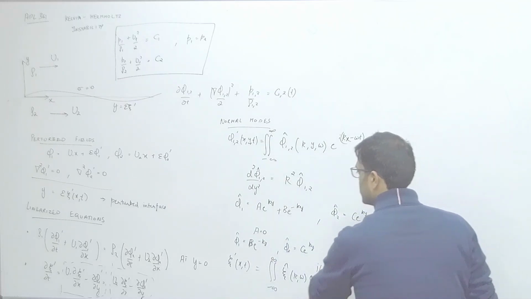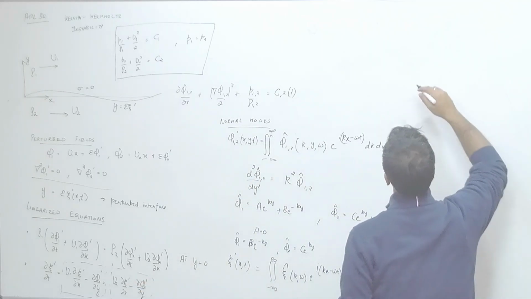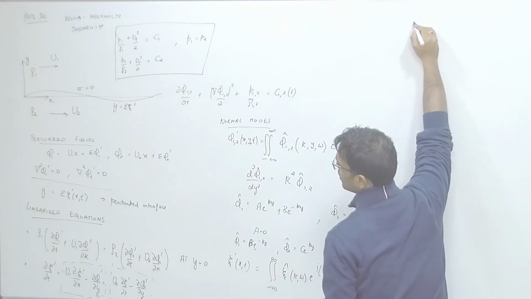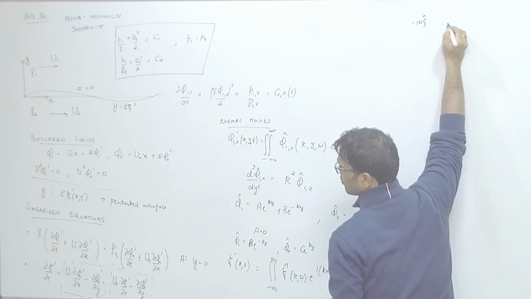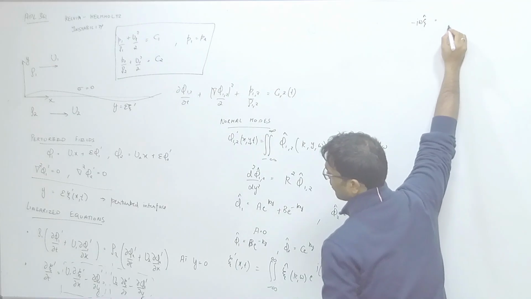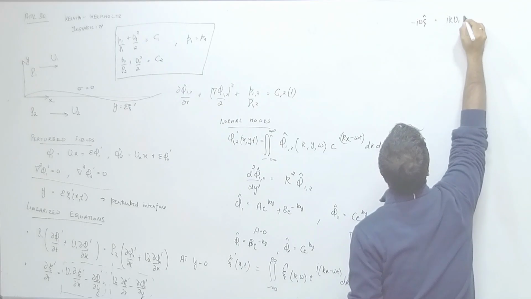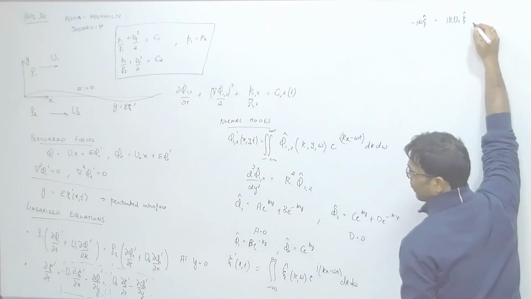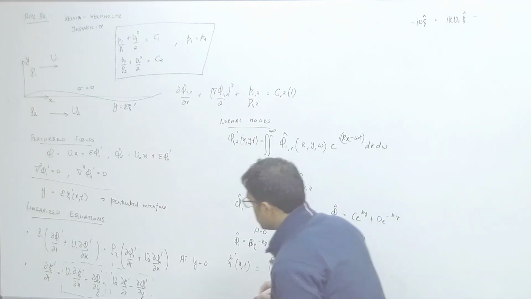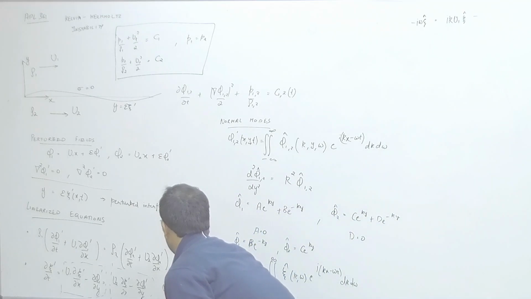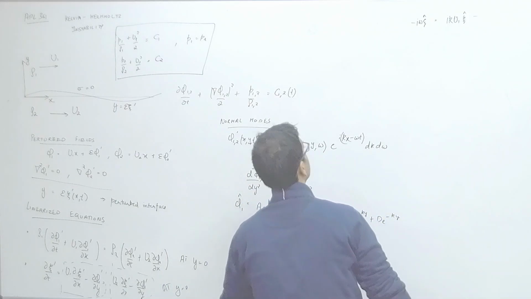So once you have this and phi1 hat, phi2 hat, let's substitute here in the normal mode in the kinematic interface condition. We get minus I omega c hat equals I k u1 c hat minus del phi1 prime by del y. This is also applied at y equal to 0.